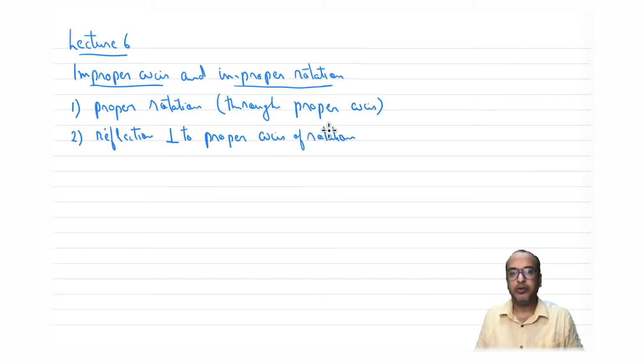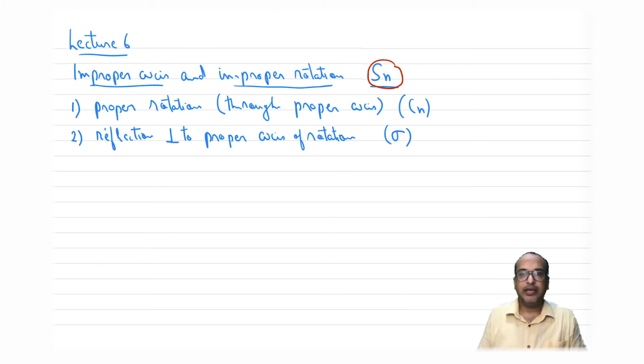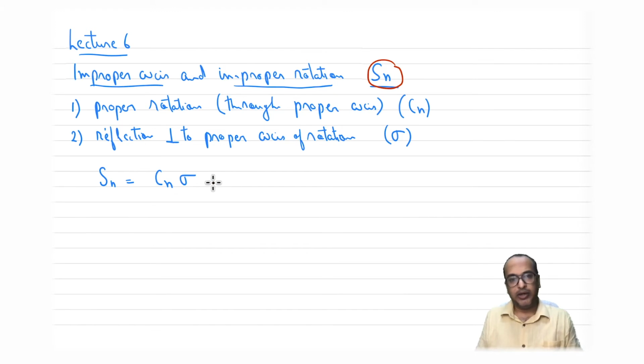This we know is called Cn, this is called sigma, and improper axis or improper rotation is denoted by Sn. Now this Sn is a combination of Cn and sigma, and it does not really matter in which order you apply the individual operations.